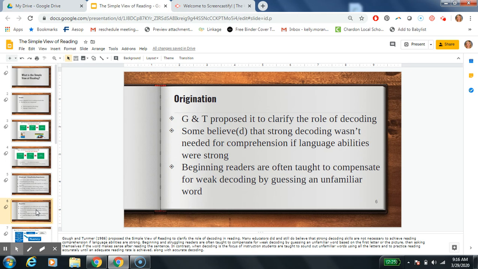But what Gough and Tunmer and several researchers have found is that it is so important to have explicit decoding taught to students, because that is an element needed if we want to end up with reading comprehension.